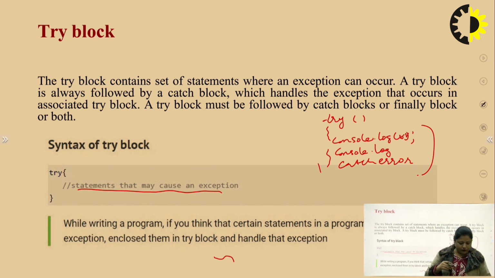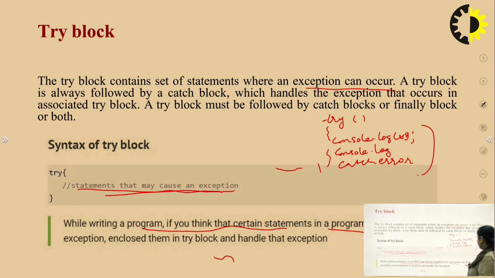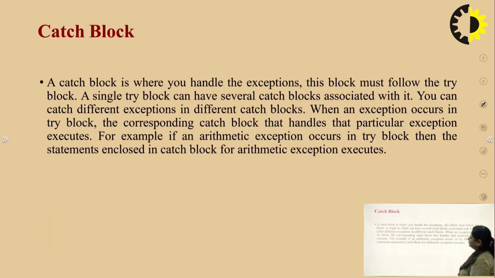So what is in this case? In the case of the try block, the try block contains a set of statements. There are some statements where an exception can occur. So this is the statement that may cause an exception. While writing a program, if you think that certain statements in a program can throw an exception, enclose them in try and handle that exception.